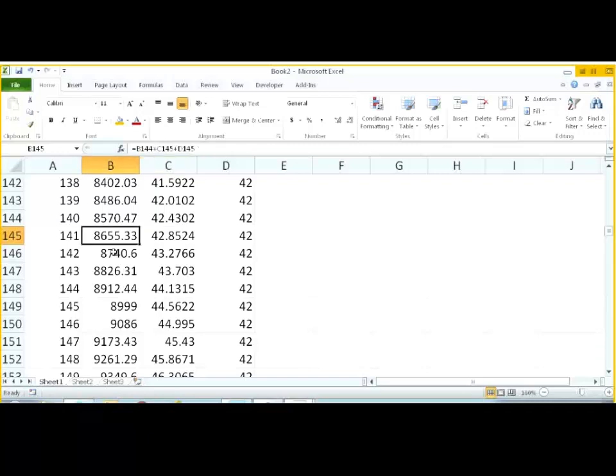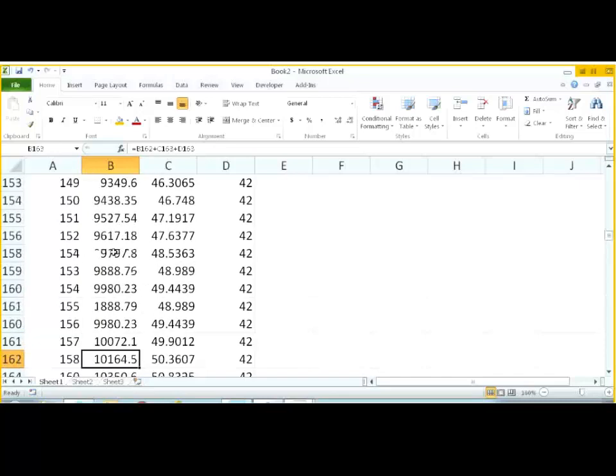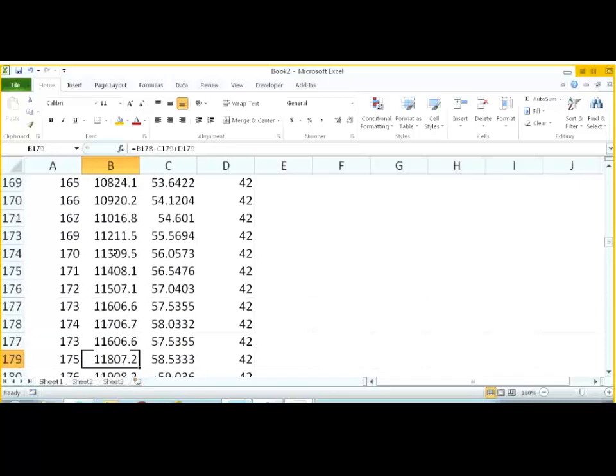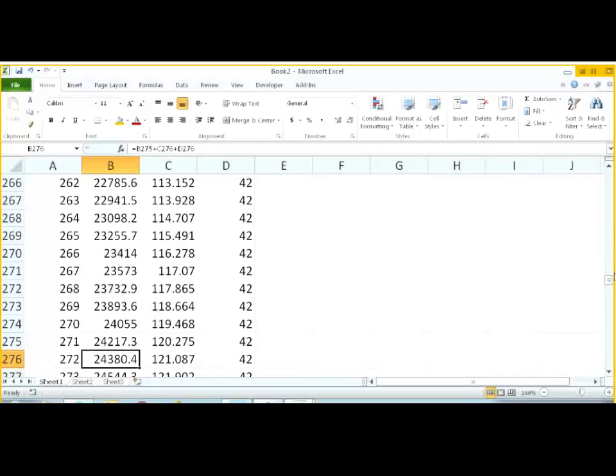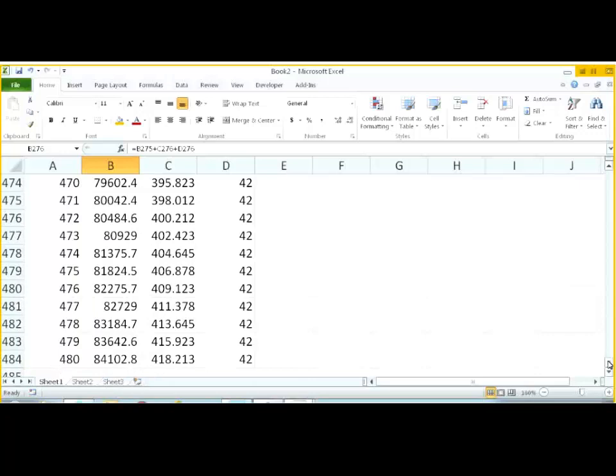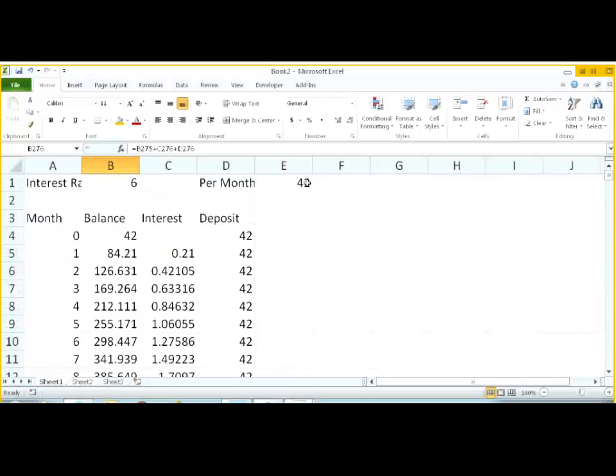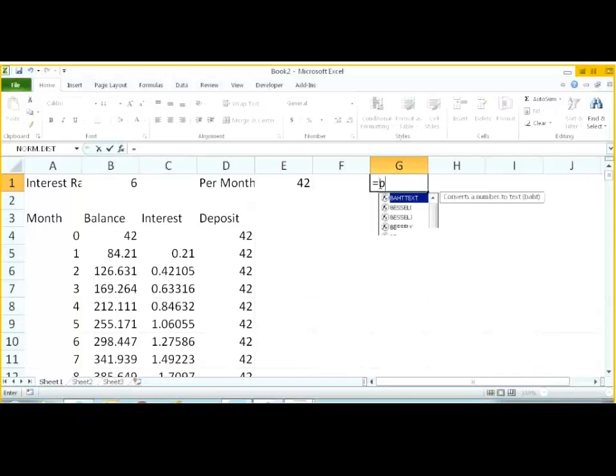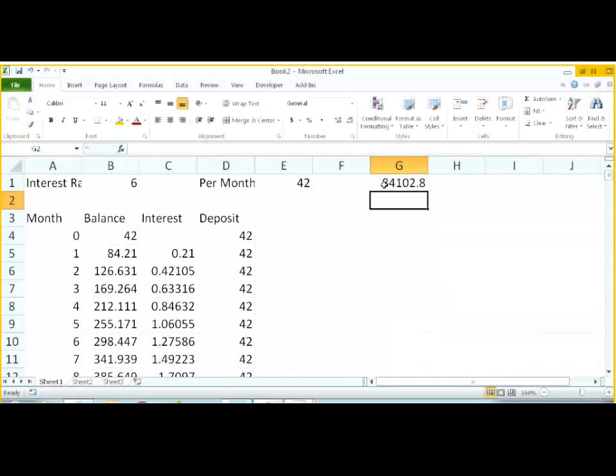And you can see the balance is growing and growing and growing, so that for $42 a month for 40 years at 6% interest, I'm going to copy the number to the top so I don't have to keep looking at it. It's $84,000. So this is equal to cell B, 484 maybe?